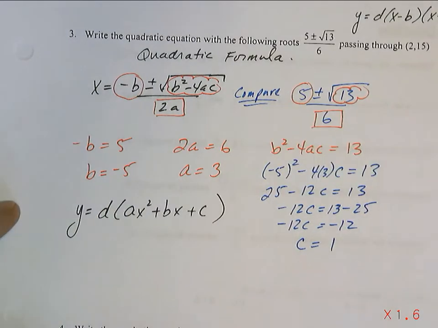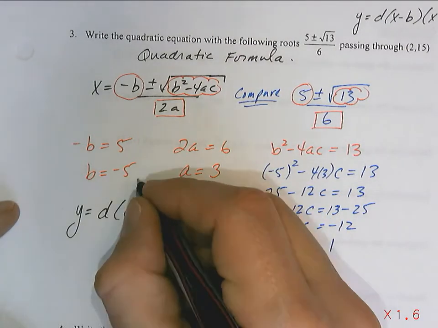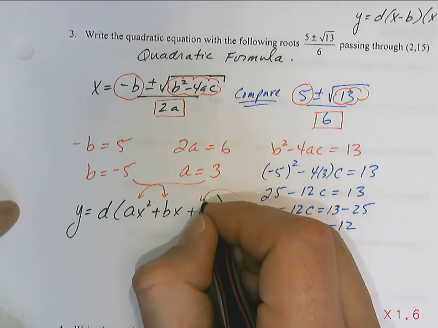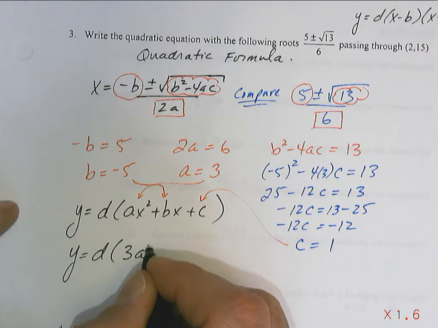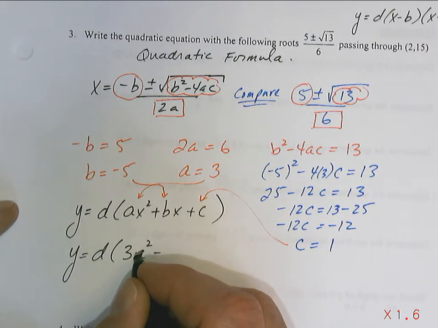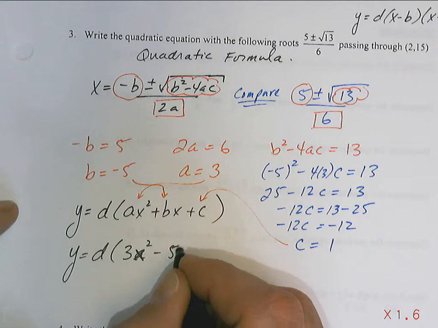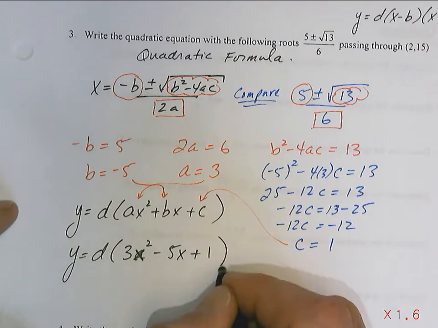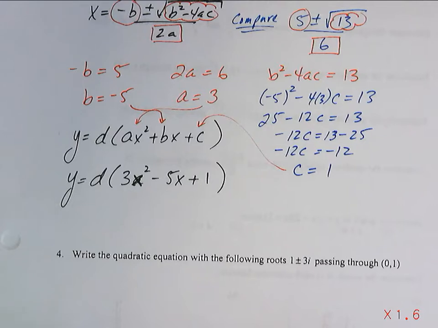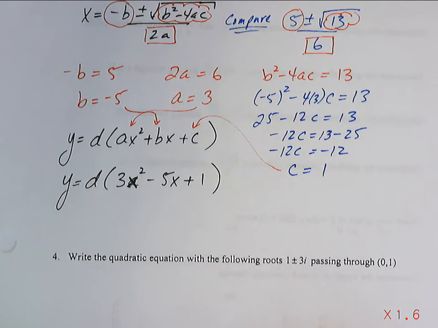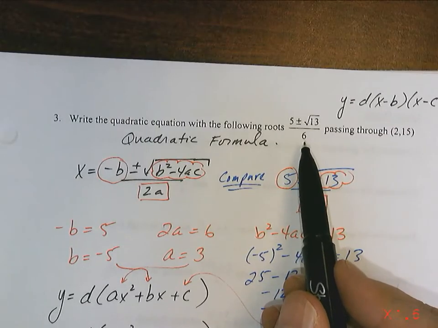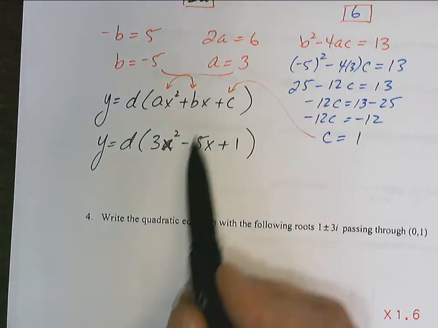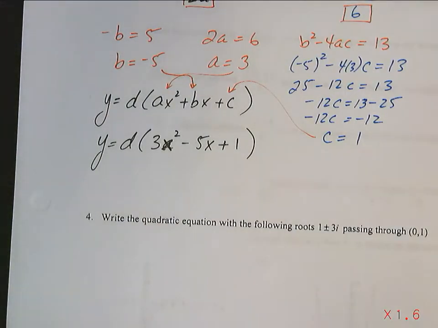So if I plug in my a value, my b value, and my c value, my family of curves will be y equals d times 3x squared minus 5x plus 1. Does that make sense? So that is all of the quadratics that have these roots, 5 plus or minus root 13 over 6, allowing for them to be larger and skinnier and fatter and shorter with the d value.